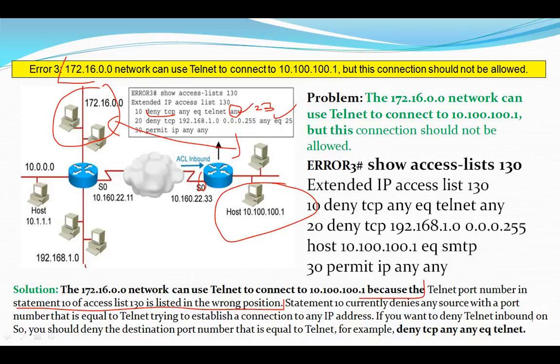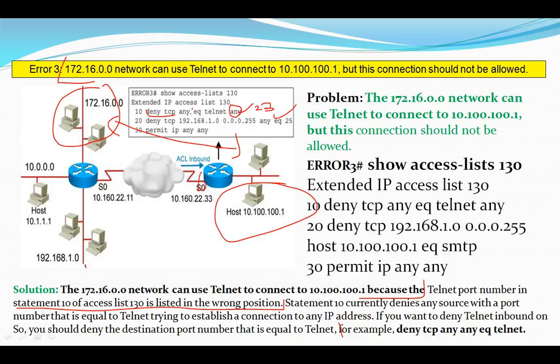If you want to deny telnet inbound, you should deny the destination port number that is equal to telnet. For example, deny TCP any any equivalent to telnet or 23. What we need to do is mention it here, so we will have to make changes here.